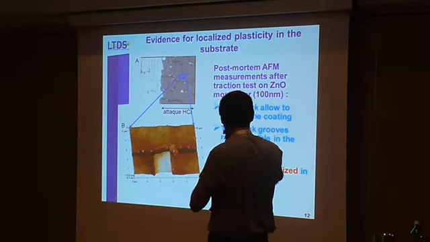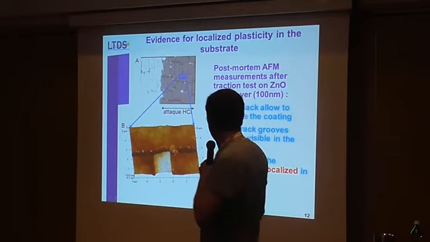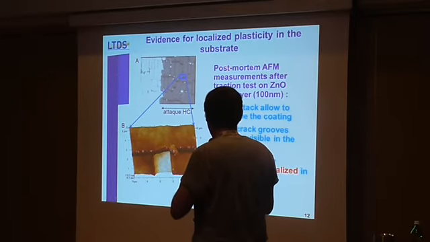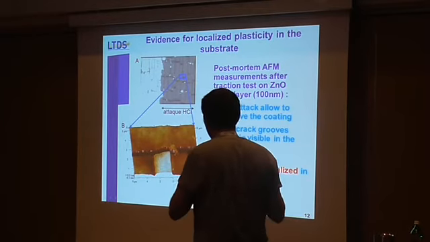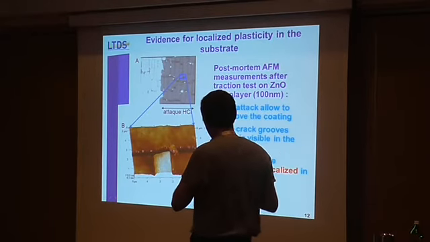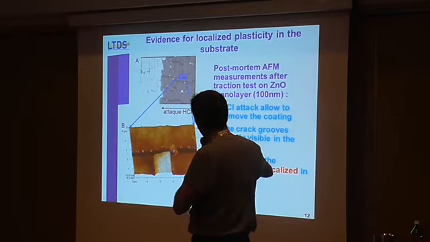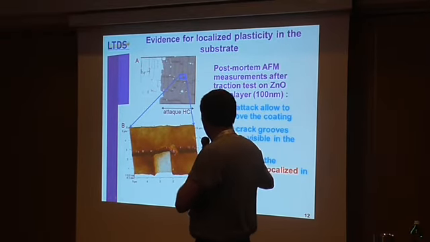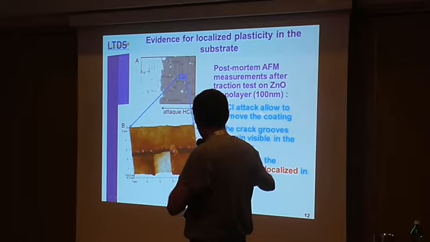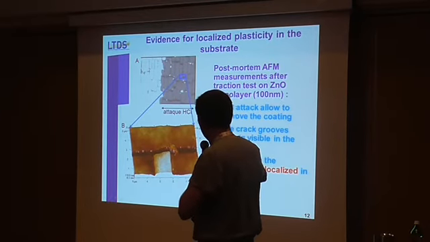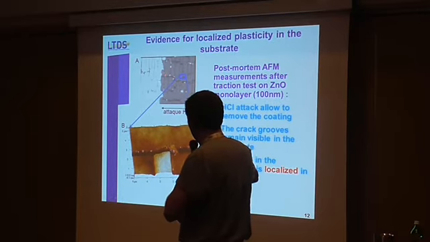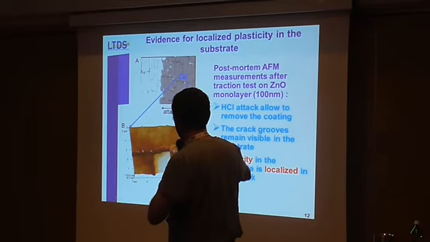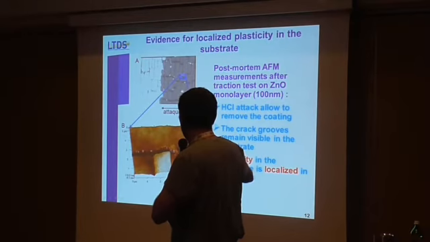We have another piece of evidence for this localized plasticity in the substrate. We do a post-mortem AFM measurement, so this time no more strain is applied to the sample, and we dip the sample in an acidic solution, which removes only the coating. In this picture, on the left part the coating is still there, but here the coating has disappeared.